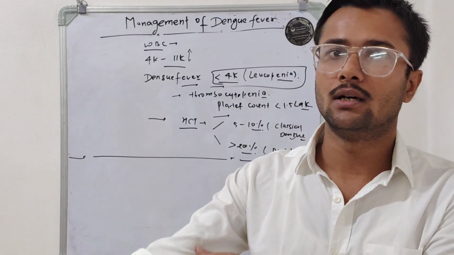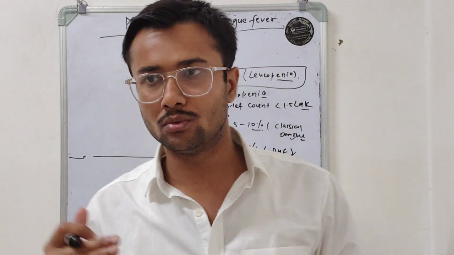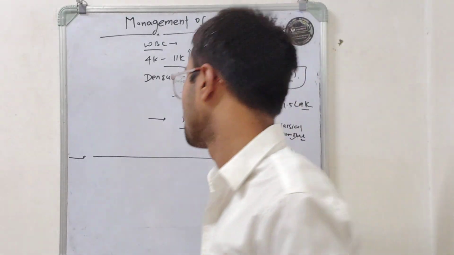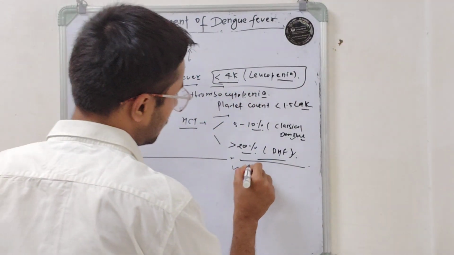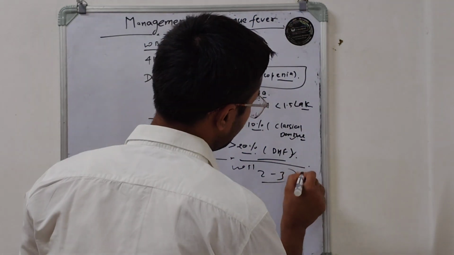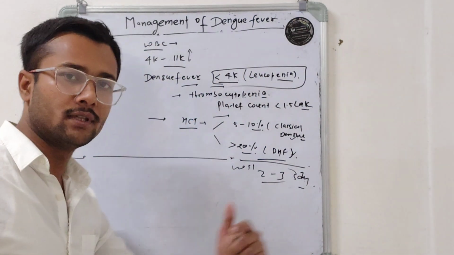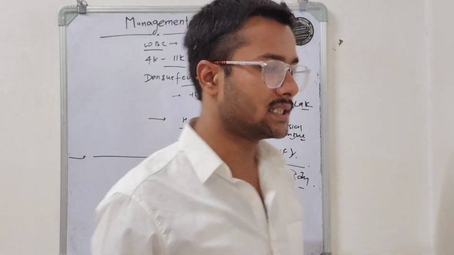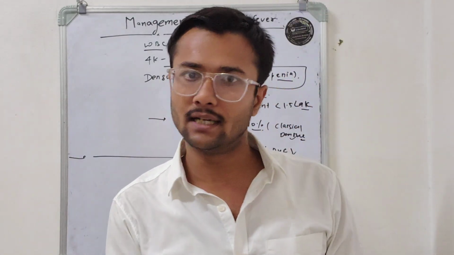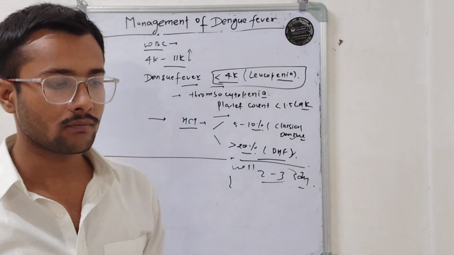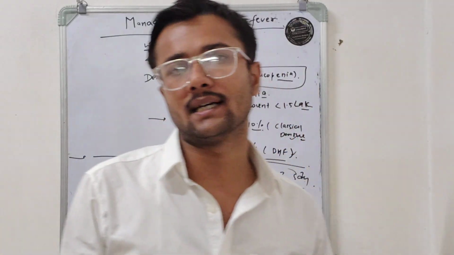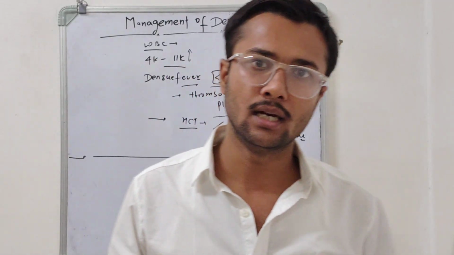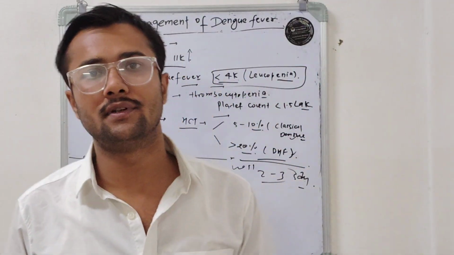We wait for 2 to 3 days, or maximum 5 days, until the febrile phase is gone. After the febrile phase is gone, we can differentiate whether a patient has dengue hemorrhagic fever or classical dengue fever. Because if a patient has classical dengue fever, in that condition after the febrile stage, the patient will enter into the recovery phase.